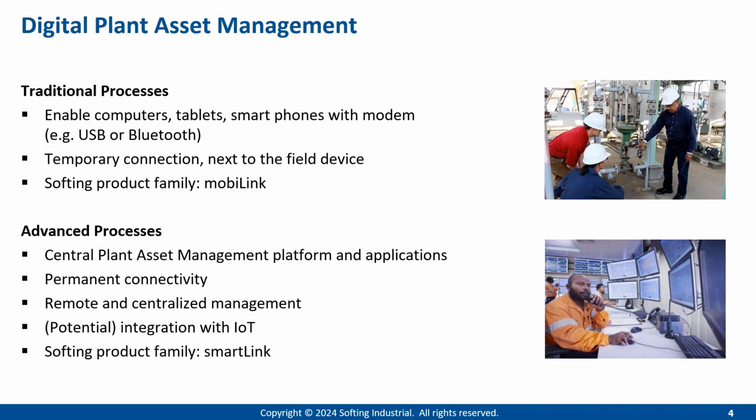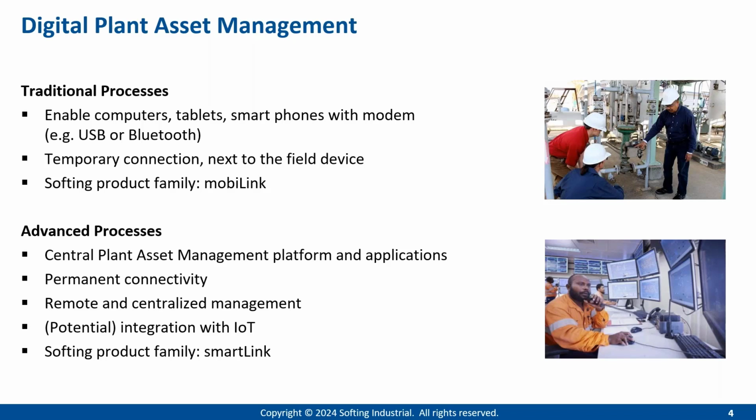And then there is what I call the advanced process, a second way to do it. This is the way I would like to describe here: the deployment or use of a central plant asset management platform. It's central, and you may run quite a few applications on that platform.